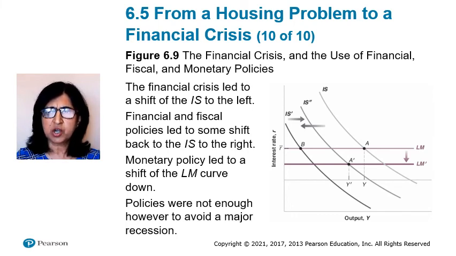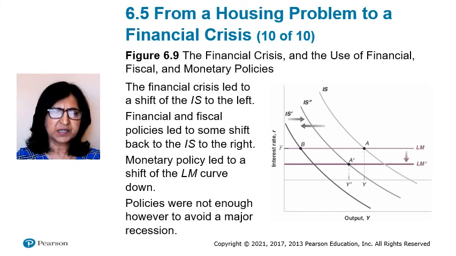The initial shock was so large that the combination of financial, fiscal, and monetary measures was just not enough to avoid a large decrease in output. US GDP fell by 3.5% in 2009 and recovered only slowly thereafter.